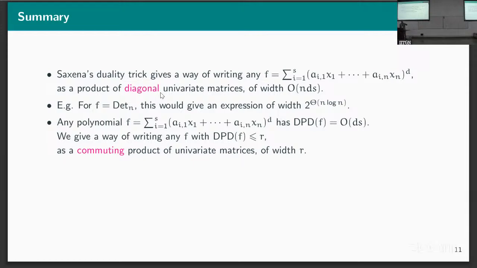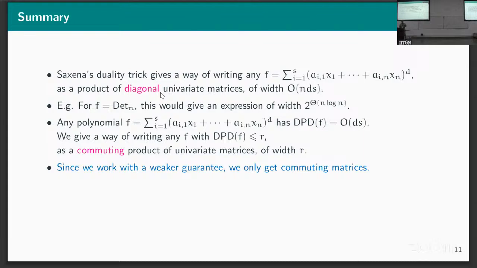But we know that if you let go of commutativity of these matrices, then you have a much better expression of 2 to the order n. So the question is, can you get a 2 to the order n commutative product? And it turns out you can do this by going modulo the apolar ideal. And this is what we did.